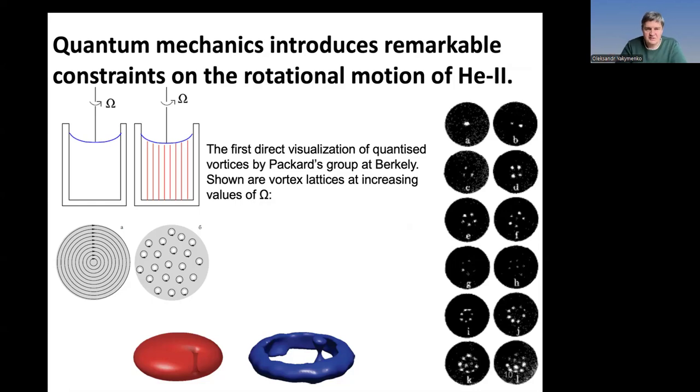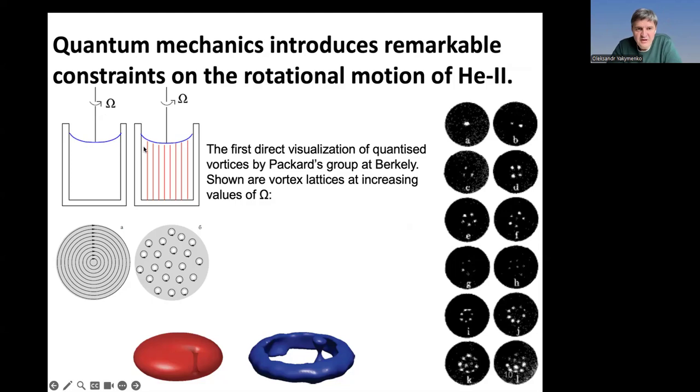If you compare the impact of rotation on a classical system, like if you have a cup of water and you try to rotate it, you will get a huge vortex which will fit the angular velocity which you apply to the system.